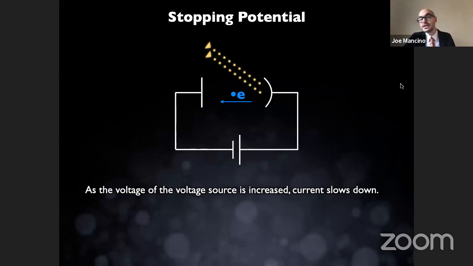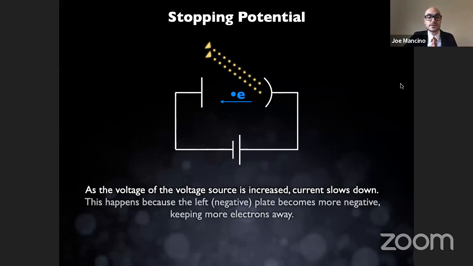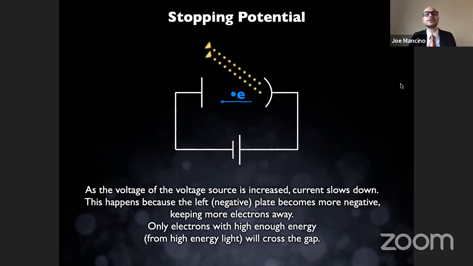As the voltage is increased, the current slows down. That happens because the left plate, the negative one, becomes so negative, it keeps the electrons away. Only electrons emitted with really, really high energy from high energy light, only those electrons will cross the gap.